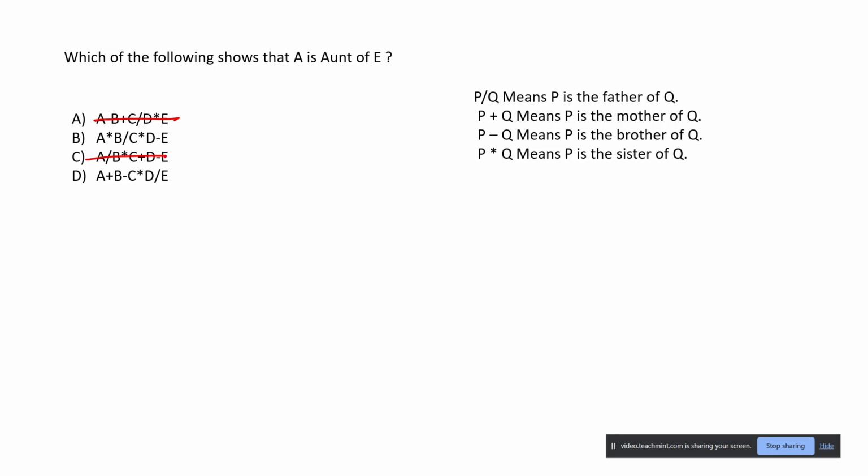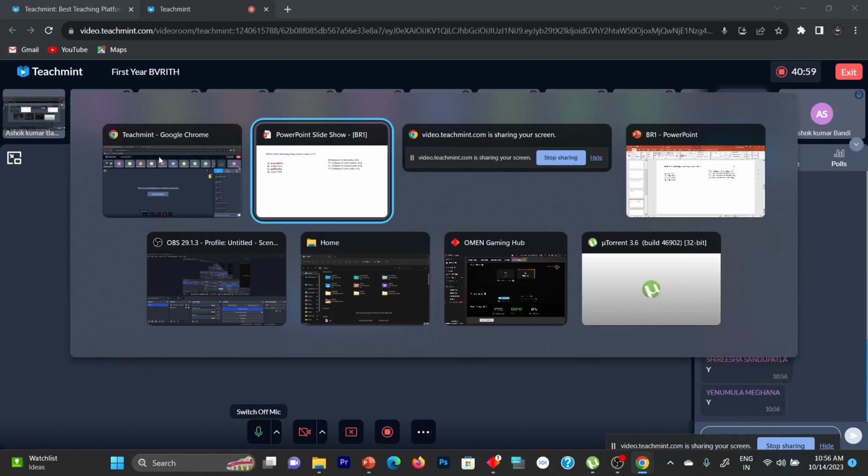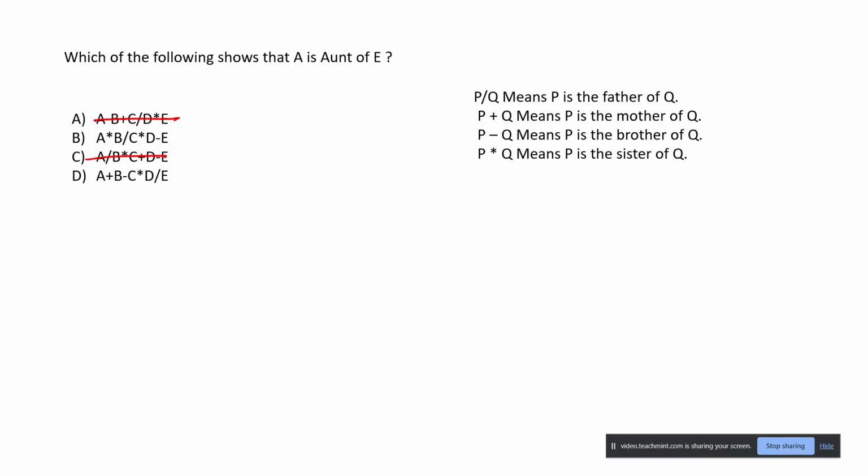If you are clear up to this point, I will tell you one more shortcut fast. If you are clear with what I'm saying till now, simply type yes. We will move on to one more technique for how to eliminate options. Okay, because I want a female person, but those persons are male, so you can eliminate them. Yeah, I know that's a B, that's fine. Now, second one.